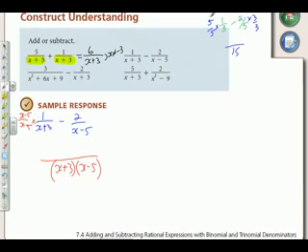Just like we did with just the basic adding, subtracting of fractions. This one is missing the x plus 3. So then we get for numerator here, 1 times x minus 5, and this one minus 2 times x plus 3.